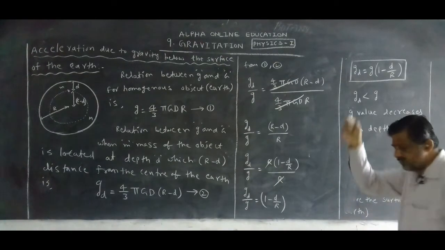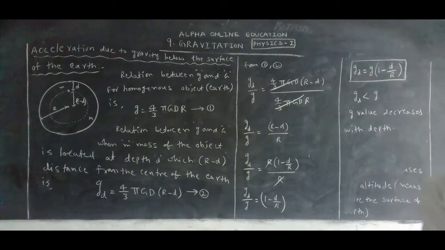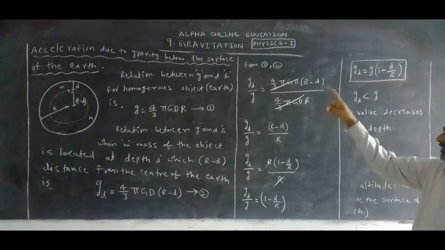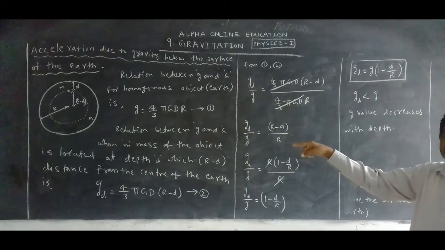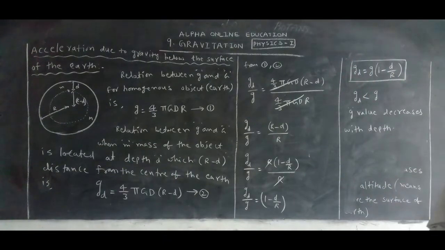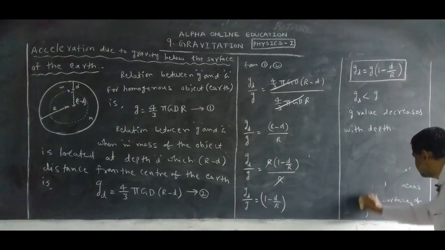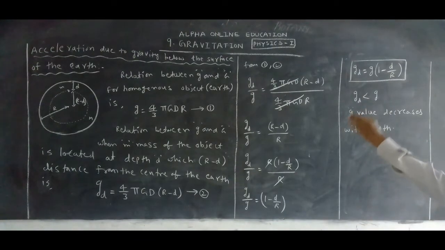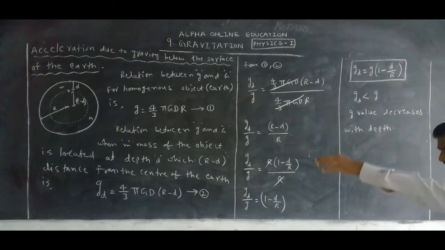Okay, when we go inside the earth, g value decreases. Below the surface of the earth, when the depth increases, acceleration due to gravity decreases.